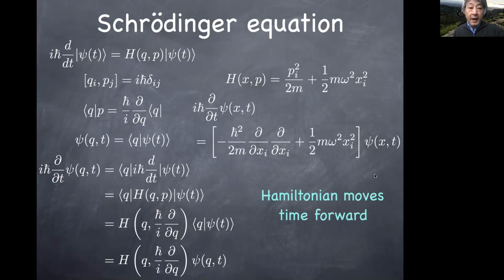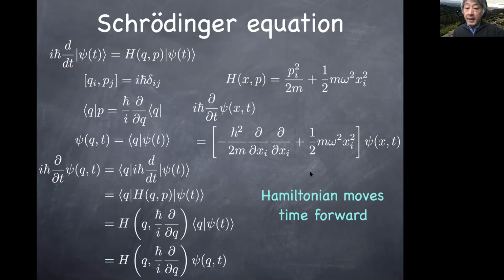One thing I'm sure you learned in quantum mechanics class, but let me emphasize once again, is that the Hamiltonian in the Schrödinger equation has the meaning of something that moves time forward. And given that the Hamiltonian is time independent, at least in the case of this harmonic oscillator, the time derivative gives you the Hamiltonian.